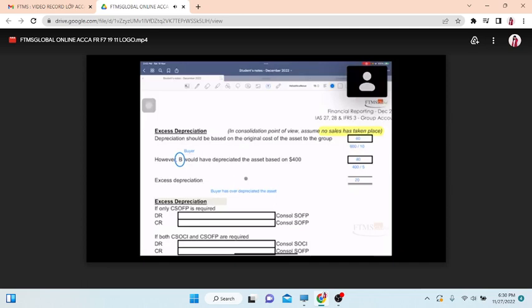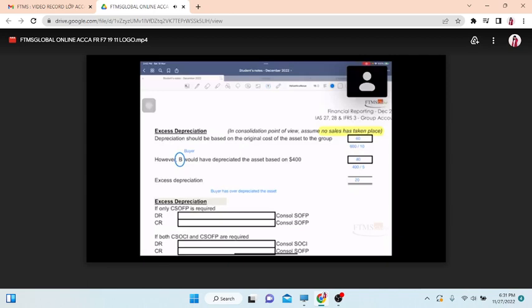Of course you can't use liquid paper. You need to pass one double entry. You have over depreciated, so obviously you need to reduce your depreciation. The normal double entry for depreciation is debit depreciation and credit accumulated depreciation; in other words, debit expense, credit your asset. That will increase it.